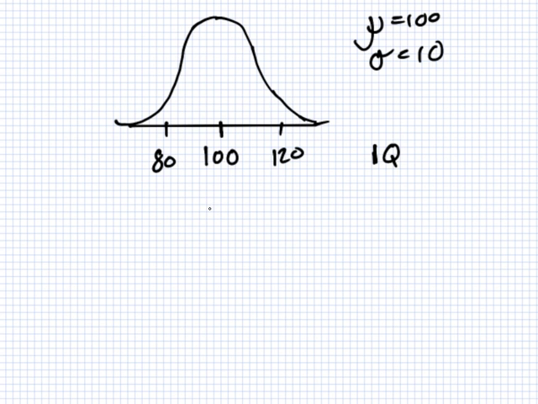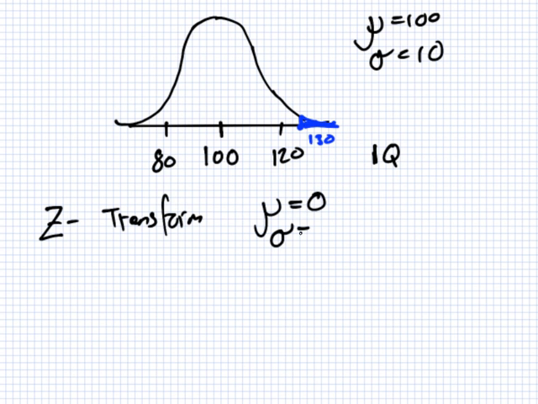So this is typical. So let's say we'd like to calculate how many people are more than 130, as an example. So we have to Z transform. The Z transform takes the average to 0 as is normal, the standard deviation to 1 as is normal, and Z becomes 130 minus 100 over 10.